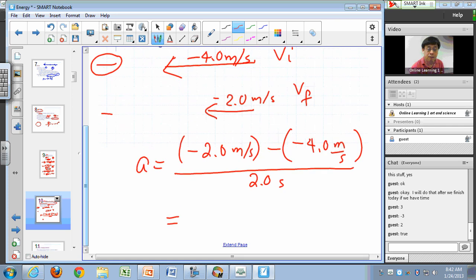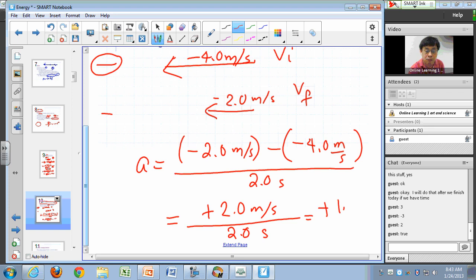So what does that give you? Negative 2 minus negative 4 is positive 2. So you have positive 2 meters per second as the change in velocity, divided by 2.0 seconds. Your acceleration is positive 1.0 meters per second squared.